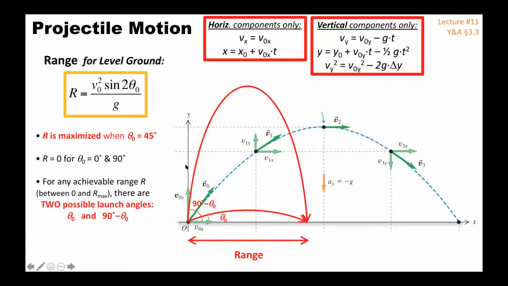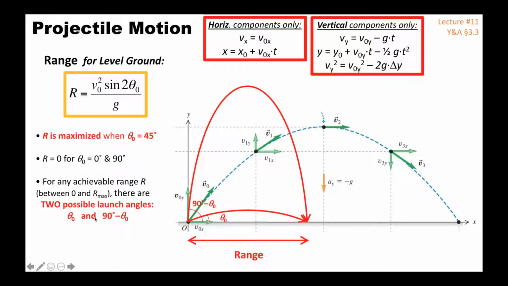Something that's launched at 90 degrees is just going to go straight up and come right back down and hit you in the head. If something's launched at 0 degrees, then it can't go anywhere before it just stops because it hits the ground right away. So again, its range would be 0 as well. So launching at 90 or at 0 gives you a range of nothing. Launching at 45, halfway in between those, gives you the maximum possible value for the range.